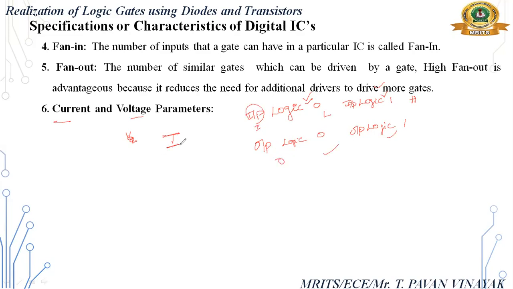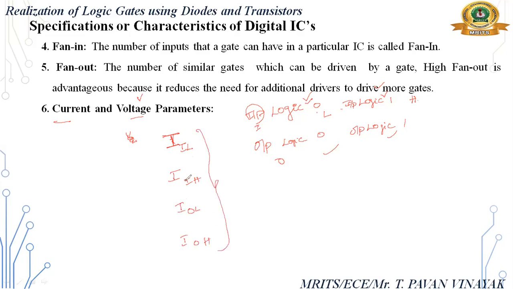So IIL means current; V means voltage. The current parameters we have are IIL, IIH (input logic high), IOL, and IOH.